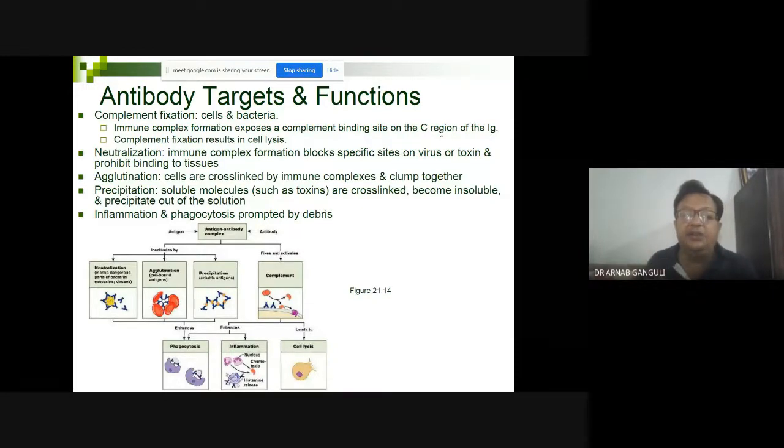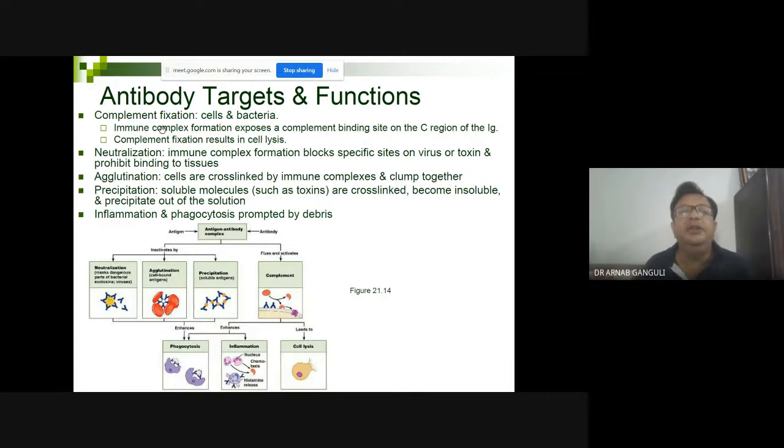Complement fixation means first the antibodies coat, then on the Fc region, the tail region of the antibody, the complement binds and a complex is formed. Then the plasma proteins, C3, C4, all work, and they make a hole inside the bacteria, and the bacteria dies. This is how antibodies function with the help of complement.